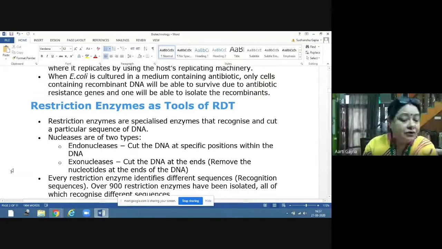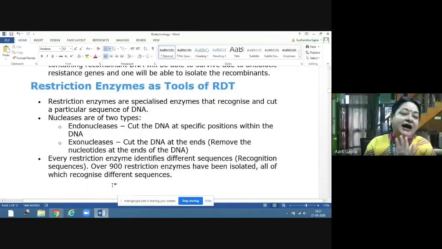Now, over 900 restriction enzymes have been isolated, all of which recognize different sequences. So they all have their specific recognition sequence.